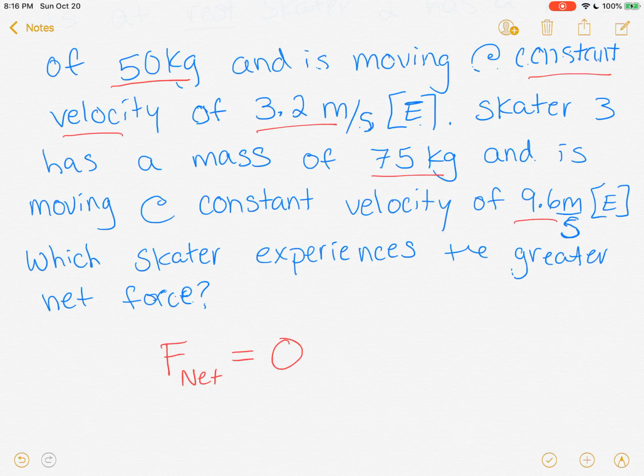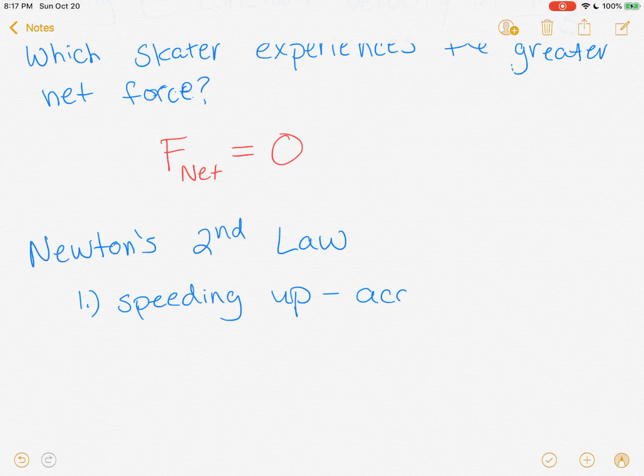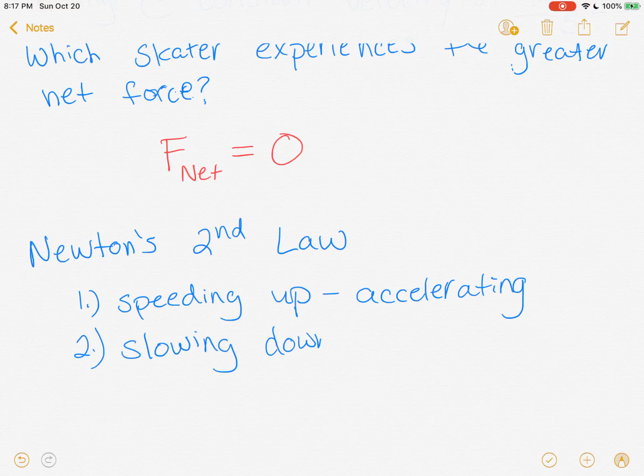So in those situations, that means that the object is speeding up, so accelerating, or the object is slowing down, which we know is also accelerating, or the object is changing direction.